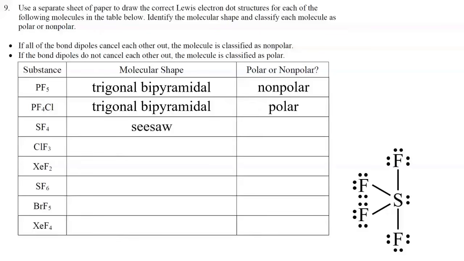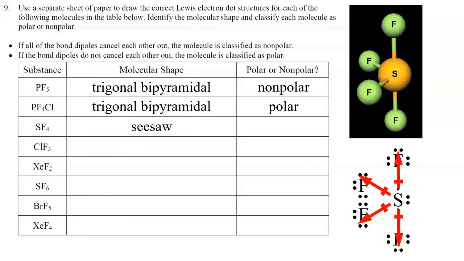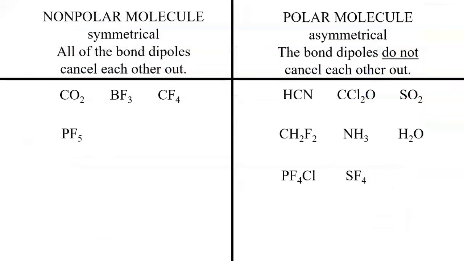These 4 sulfur fluorine bond dipoles are not arranged symmetrically in 3-dimensional space around the central atom, so they don't cancel each other out. Because of the asymmetry of this particular shape, this molecule is classified as polar. So SF4, with its seesaw geometry, is polar because the bond dipoles do not cancel each other out.